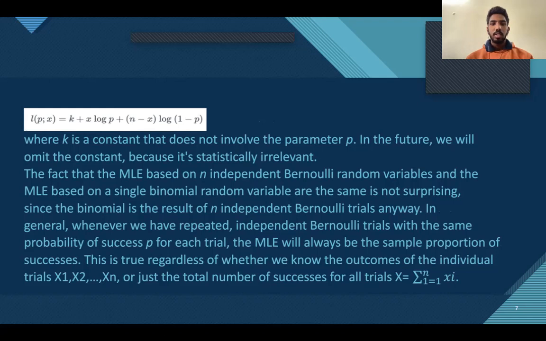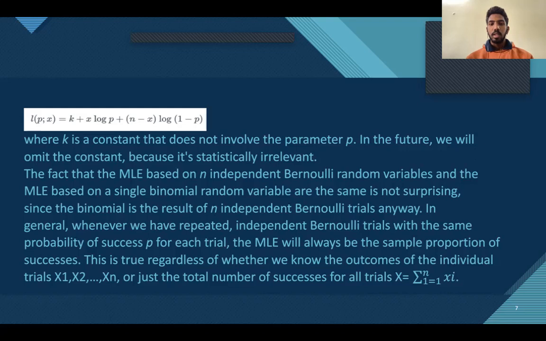In general, whenever we have repeated independent Bernoulli trials with the same probability of success p for each trial, the MLE will always be the same proportion of successes. This is true regardless of whether we know the outcomes of the individual trials x1, x2, and so on up to xn, or just the total number of successes for the trials, x equal to the sum of xi from i equal to 1 to n.